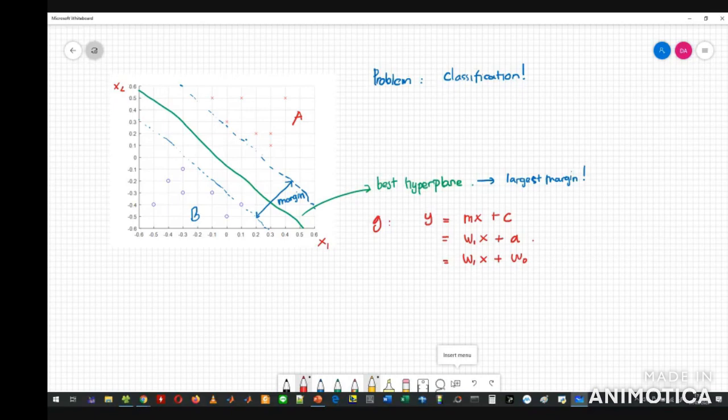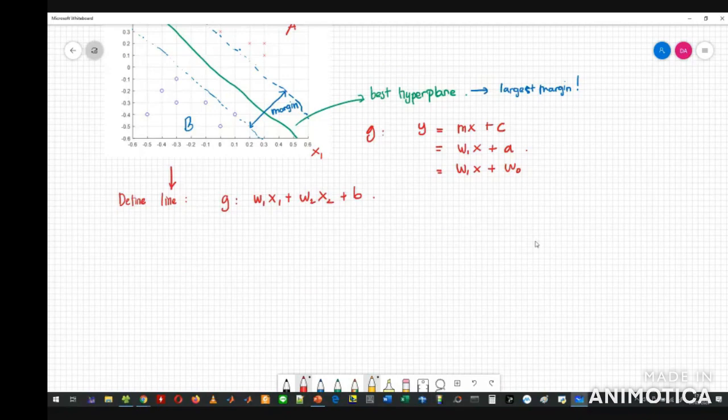In this case, we define the line, call it g, as w1 x1 plus w2 x2 plus b. So this is my definition now. It's exactly the same line. x1 is analogous to x, and x2 is analogous to y.